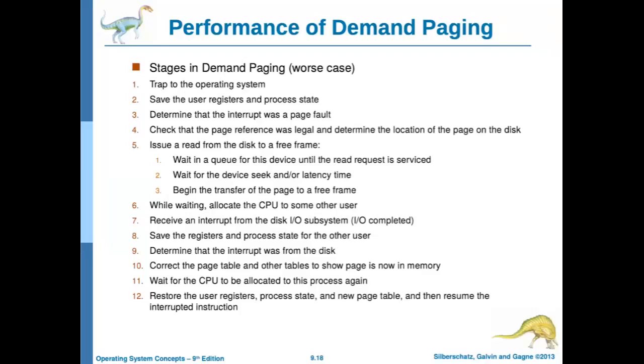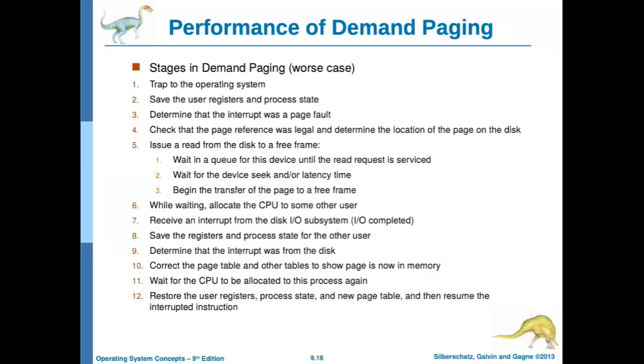Now while waiting, for step number 5, allocate the CPU to some other user, because we want to utilize the processor. Then the disk IO subsystem sends an interrupt. The meaning of that is that the desired page on the backing store has been loaded into the main memory.